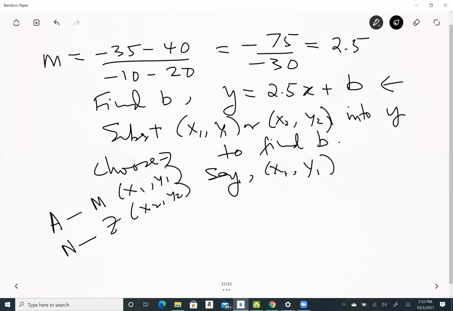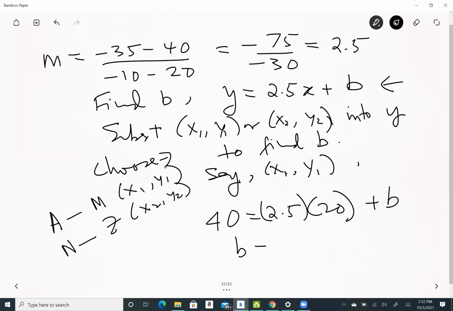So if you get different values, somebody got it wrong. So work it out again. Now I choose x1, y1, okay? Then what do I have? I have 40 equal to 2.5 multiplied by 20 plus b.